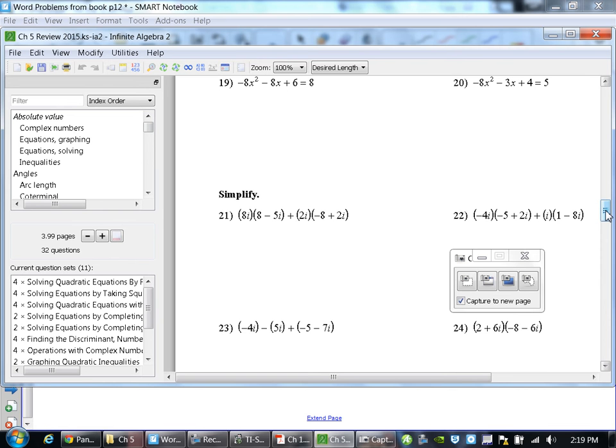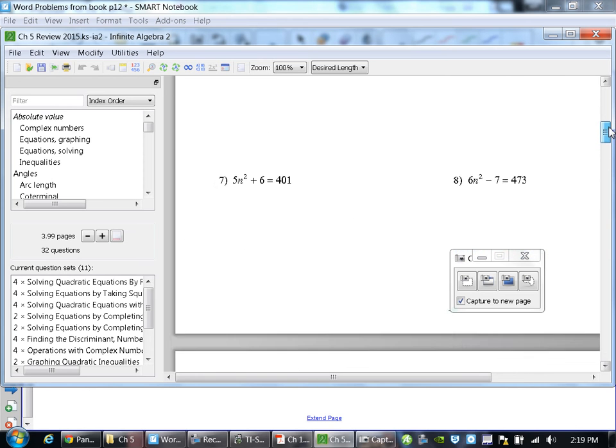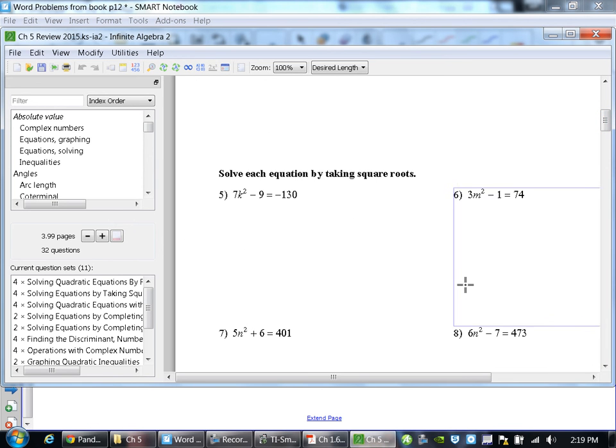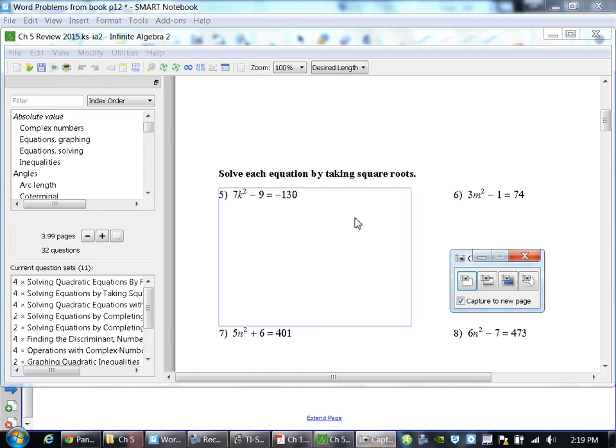Number 5. Guys, come on now. Solve by taking the square roots. When it says solve by taking the square roots, you're basically working your way backwards to the variable. That's it.